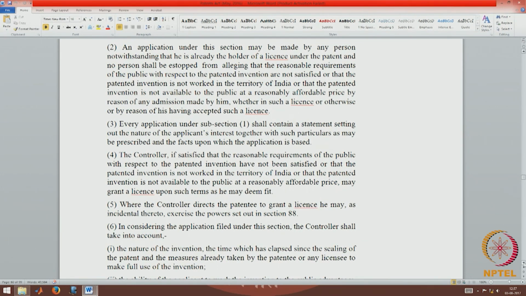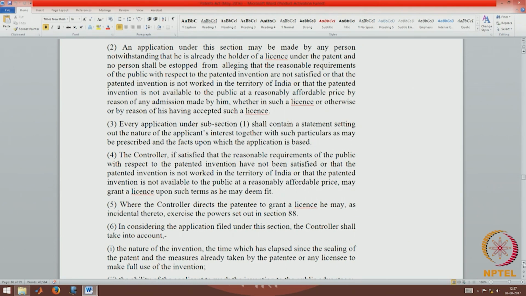So, in the license, even if the patentee had made a statement to which the holder of the license has agreed, that it will be available at an affordable price or it is being worked in India, regardless of what the terms were, a licensee who has agreed on those terms can still pursue a compulsory license.